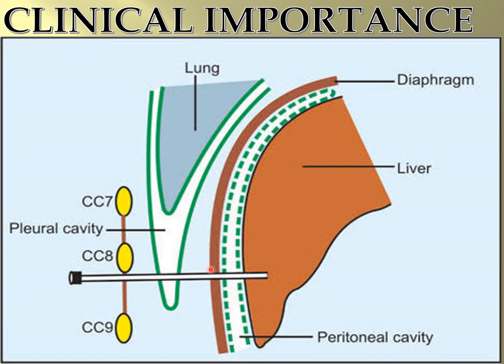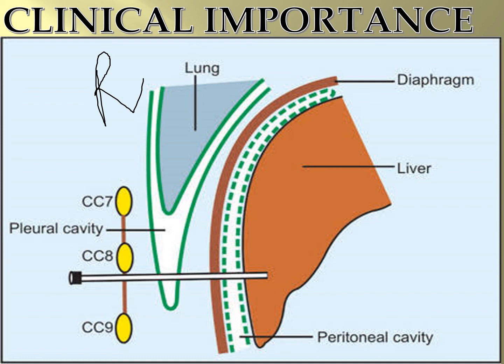Although you can see this is the right side, even if I don't mention it, you can well appreciate that it is the right side of the body. So from this part, the right intercostal space, you have to pass the needle if you have to do the liver biopsy.